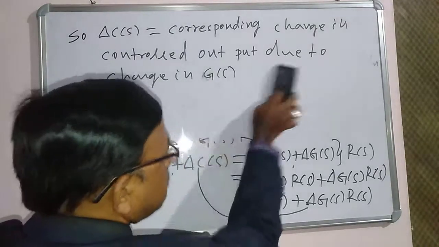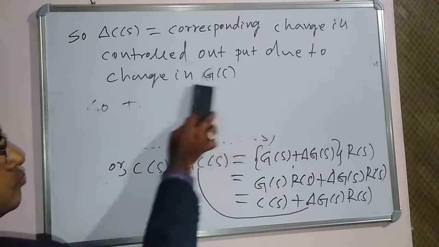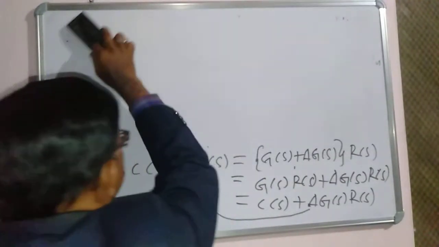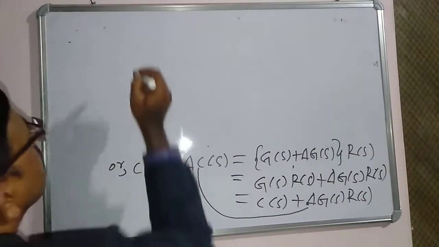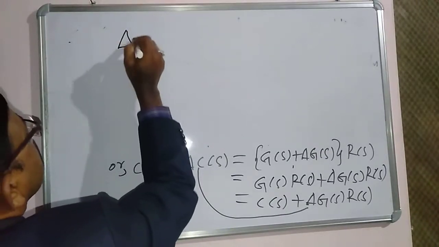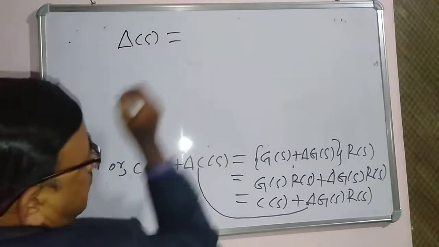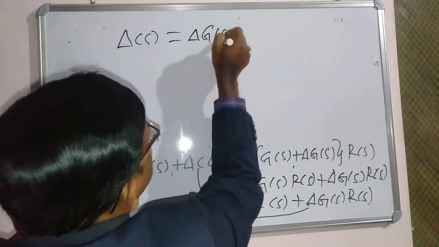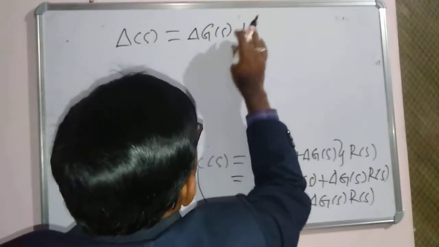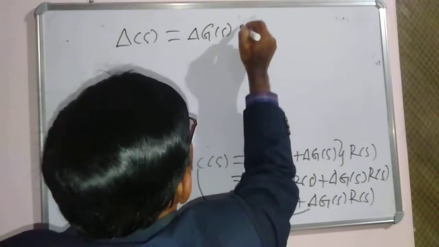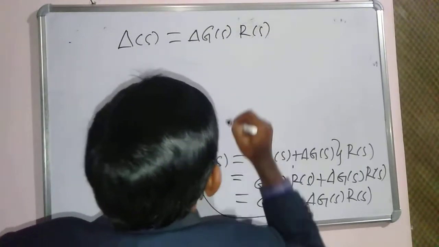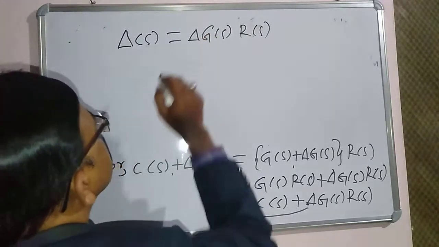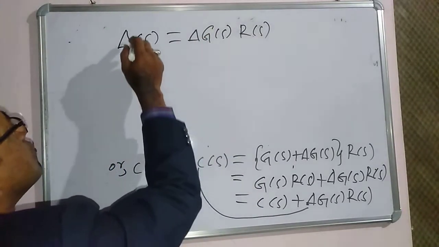So del C(s) is equal to del G(s) into R(s).